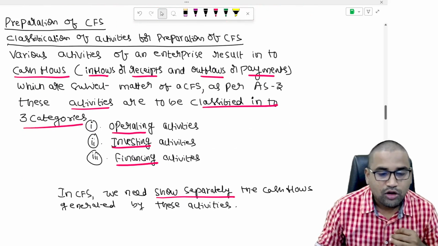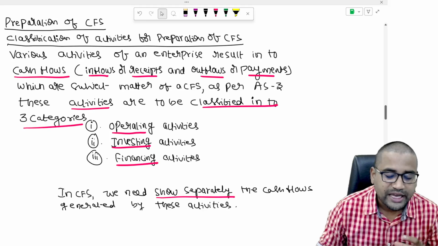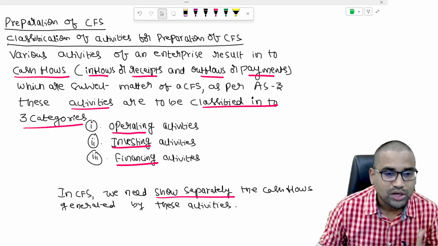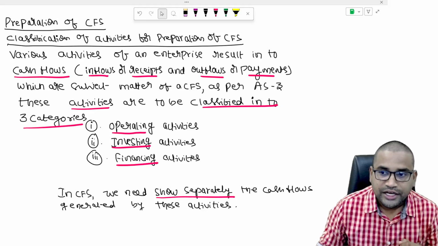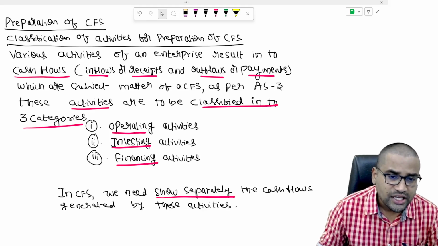Now tell me, according to AS 3 cash flow statement, the cash activities are divided into three categories: operating, investing, financing. What is operating? These are the principal revenue generating activities of the enterprise, and any residual items which do not come under investing and financing. What is investing activity? Investing activities are purchase and sale of long-term fixed assets and any other investments not classified as cash equivalents.